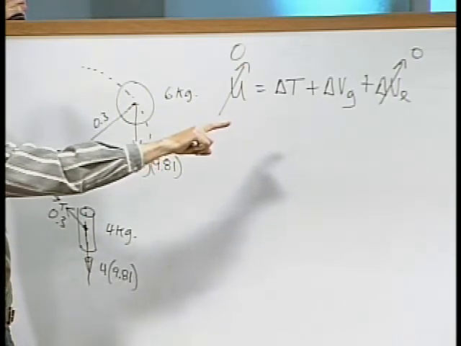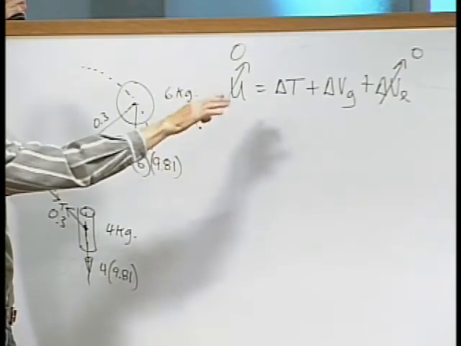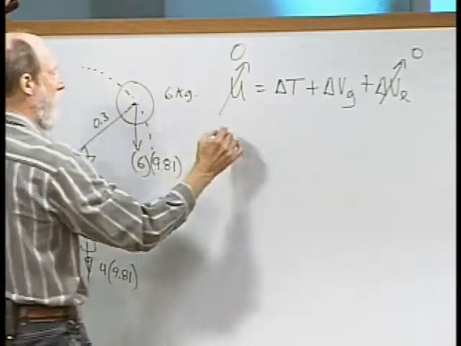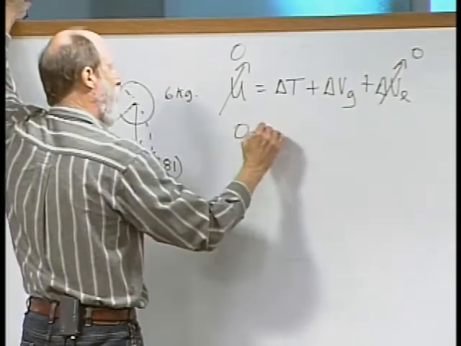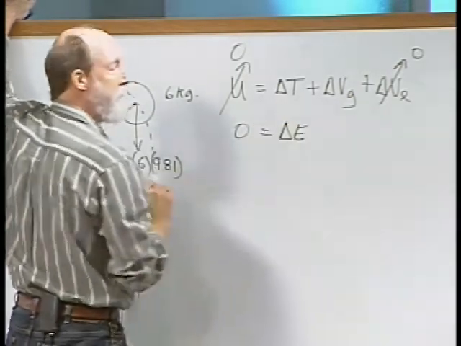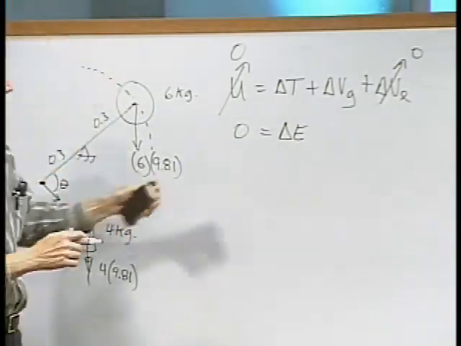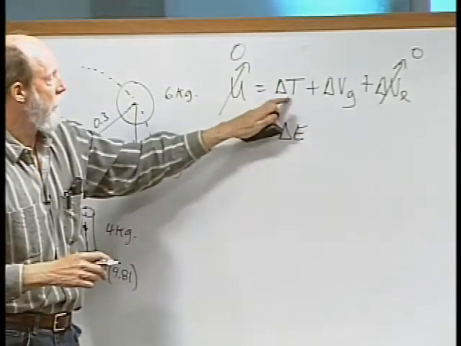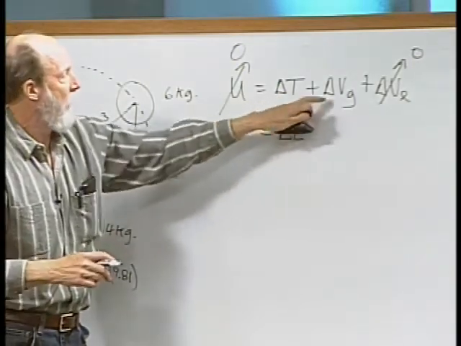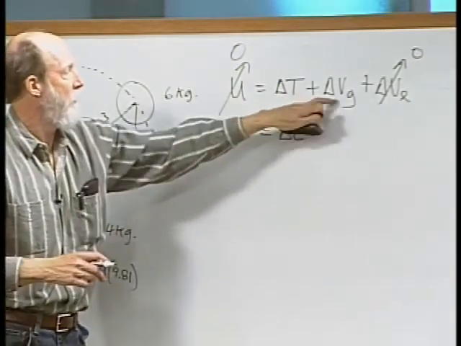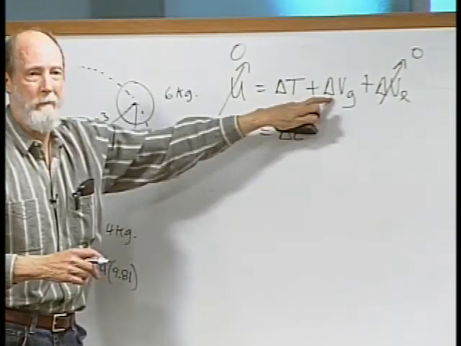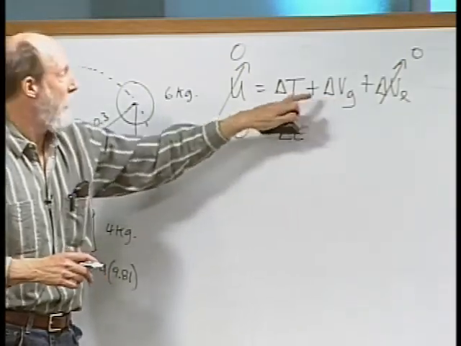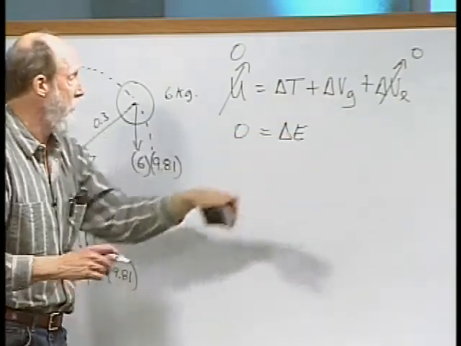Conservation of dynamical energy. So we have conservation of dynamical energy going on. Our delta E is equal to 0 in this problem. So there's just, again, like a problem we did previously the other day, a balancing act, a trade-off going on between these changes in energy, the energy of the motion and the change in gravitational potential.